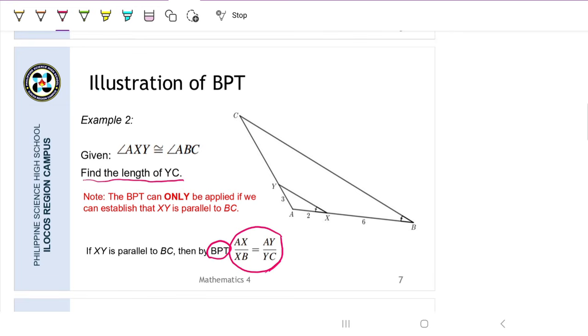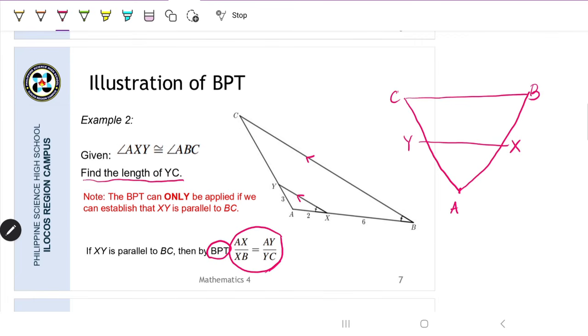So ang ibig sabihin nun, let's prove first that this line XY is parallel to side BC. So if we redraw this, this is BC and this is XY and this is point A of the triangle ABC.